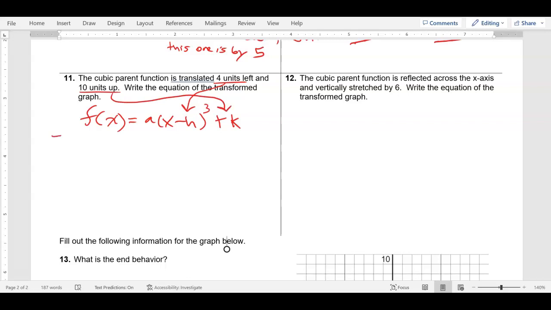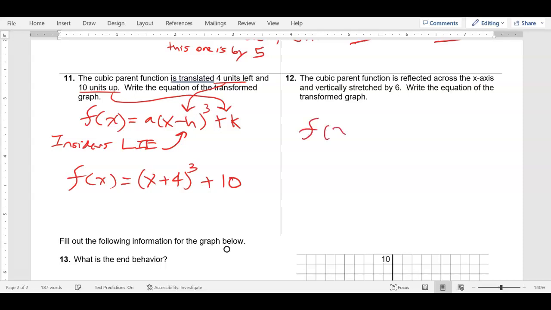So remember, insiders lie. So it's going to be f of x equals, no a, nothing about stretch or flip. So we have x plus 4, because insiders lie, plus 10, because up is plus. Okay.